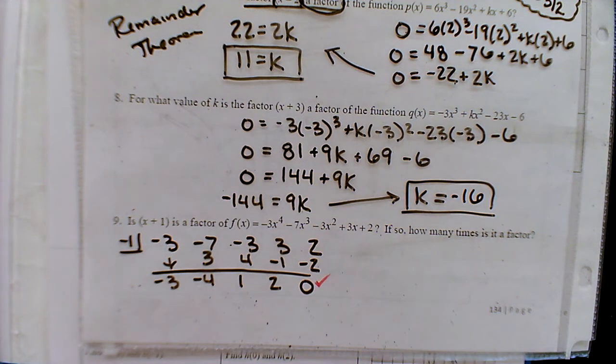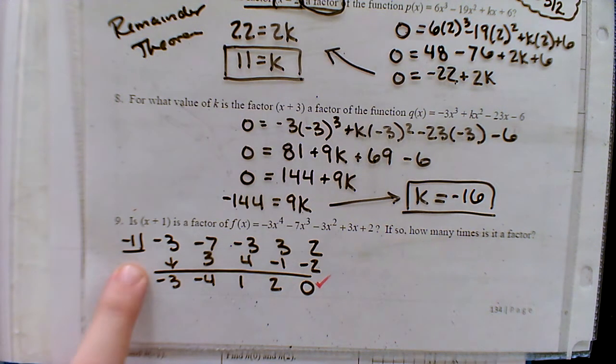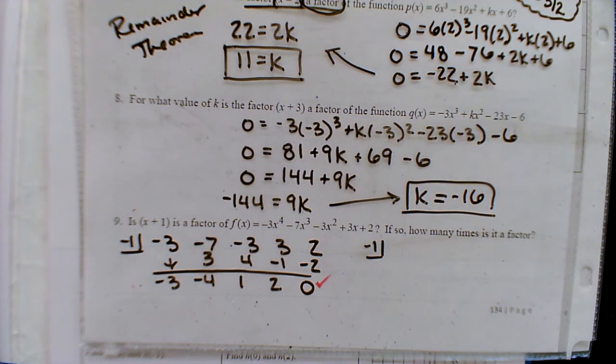Yep, it goes in evenly. Right now it goes in evenly once that we know of. But we have to take a look at these quotient values and see, can we go another round of this division? Will it go in evenly again? So we're going to take the same box number of -1, but this time the second round of synthetic division is going to utilize the quotient values.